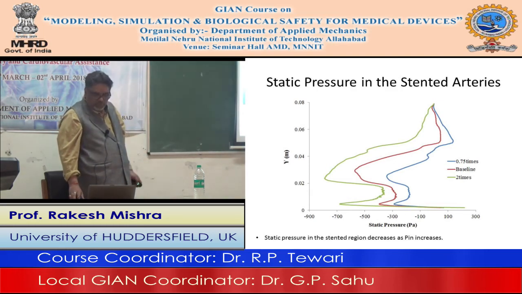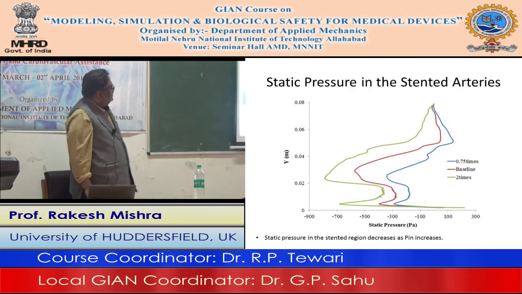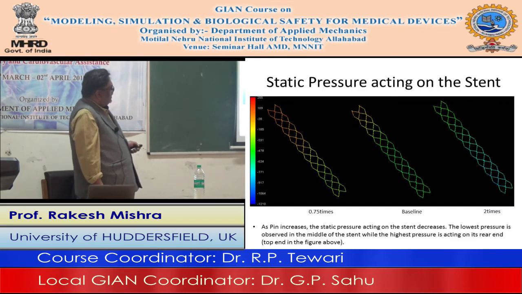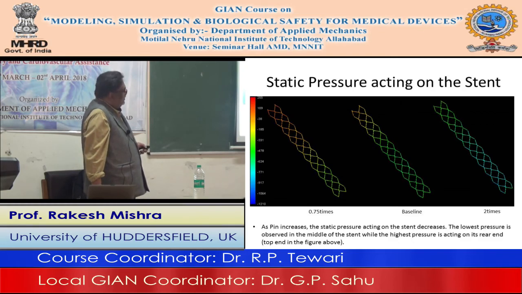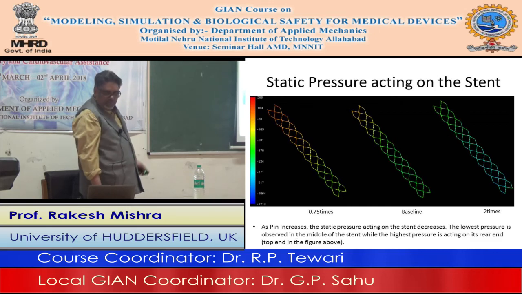They look to be in the opposite order. Now static pressure acting on the stent, again here, if P in is higher, the first part of the stent has got lower pressure than when P in is normal or P in is lower. So static pressures are higher in these 2 cases than we are seeing in this particular case.